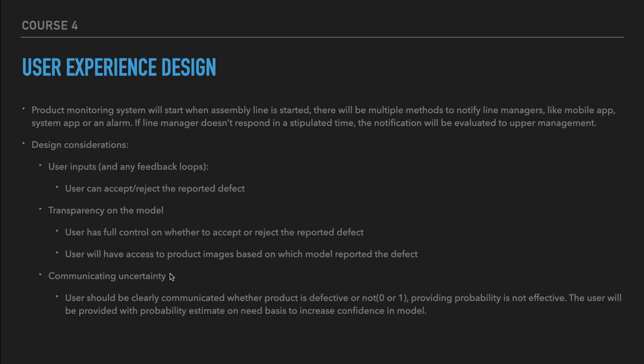Then, communicating uncertainty: the user should be clearly told whether the product is defective or not, 0 or 1, so that the line manager can decide whether to stop or to continue the assembly line based on his review. A probability of 80%, 90%, or 70% is not effective in this case. So the user will be provided with a probability estimate on a need basis, to increase confidence in the model.